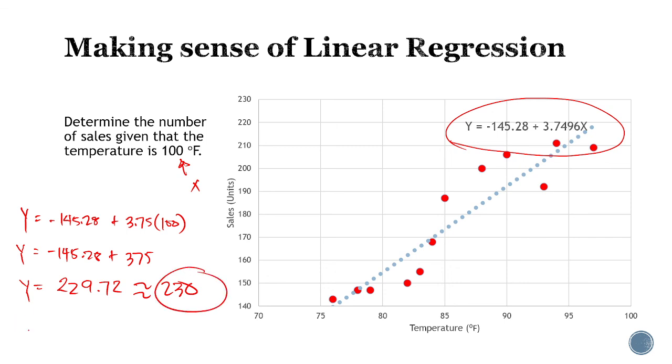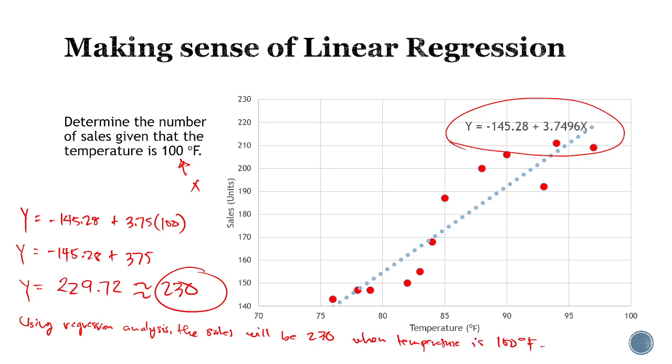So by that, pwede nating isulat yung ating conclusion using regression analysis. The sales will be 230 when temperature is 100 degrees Fahrenheit.